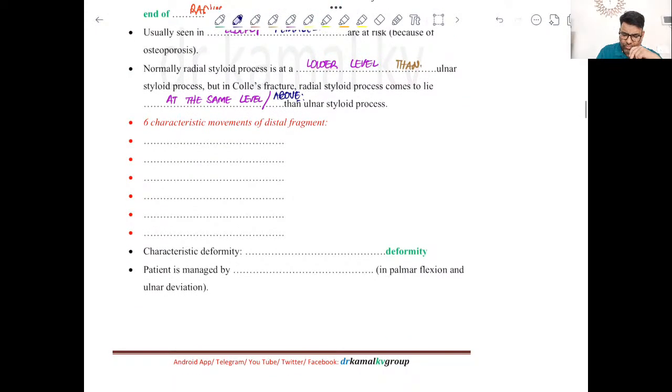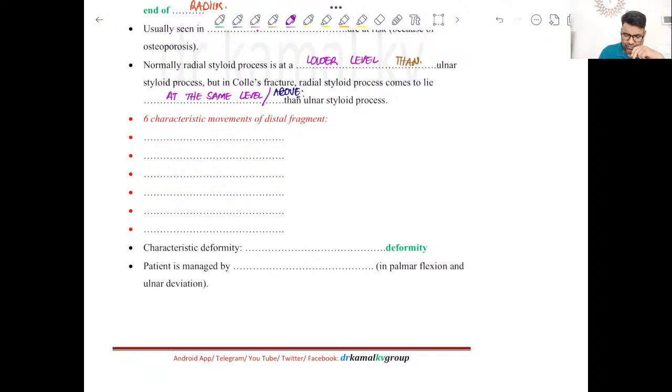Now there are 6 characteristic deformities, and 2 are in terms of the word dorsal, then 2 are in terms of lateral, right? And then one is supination, and the last one is impaction.